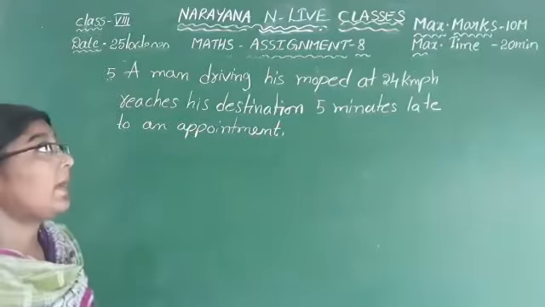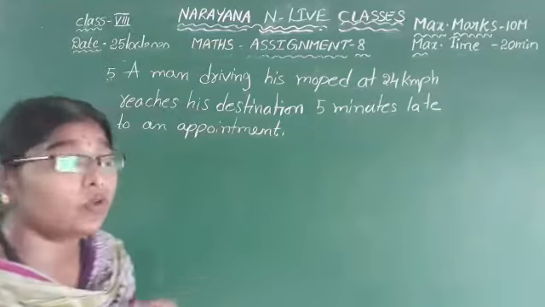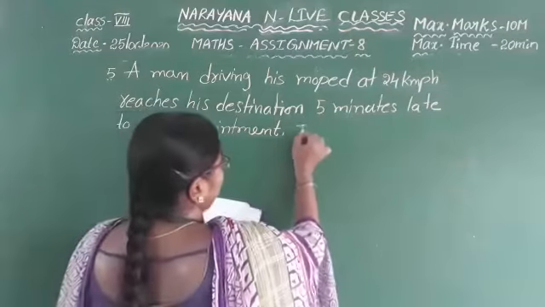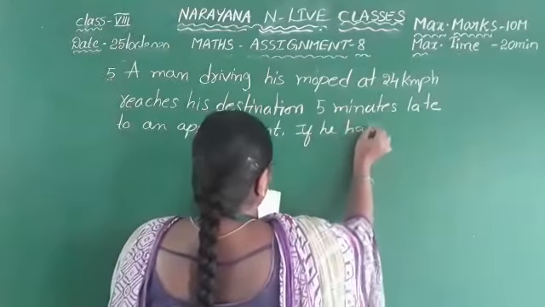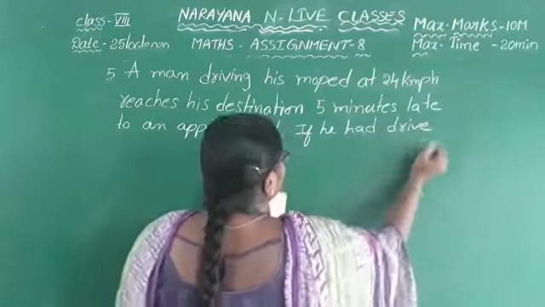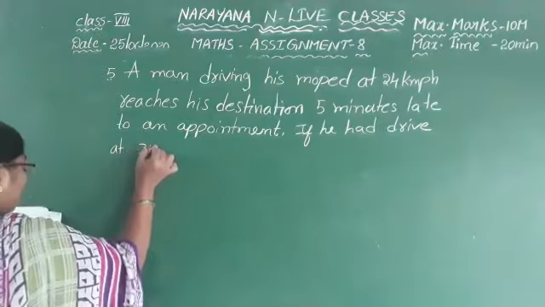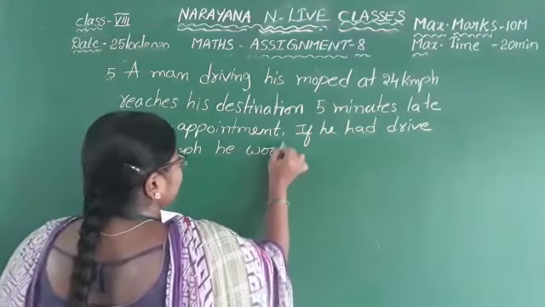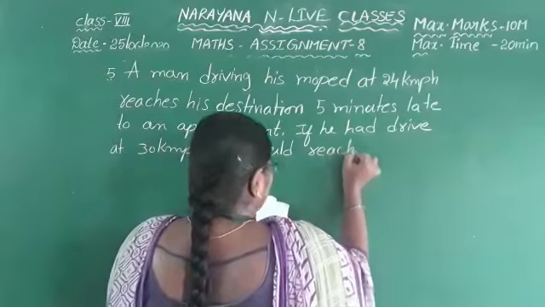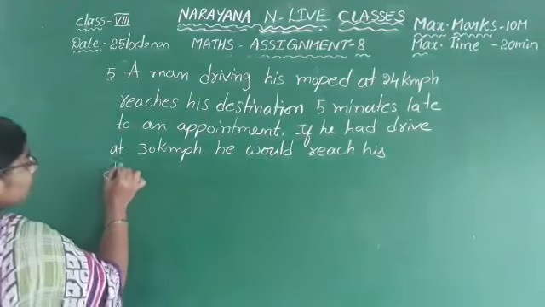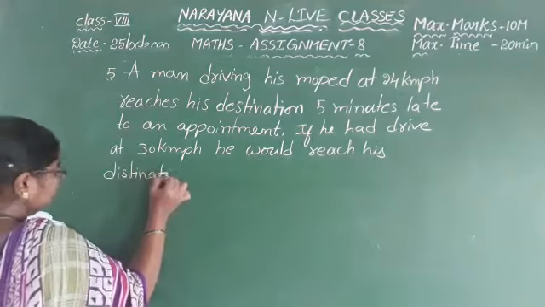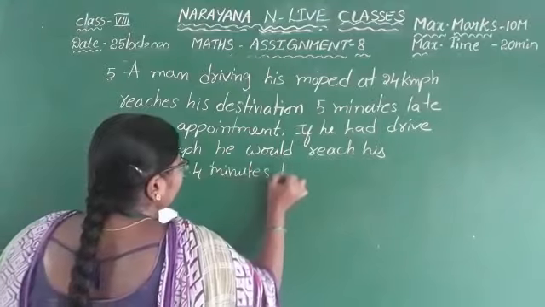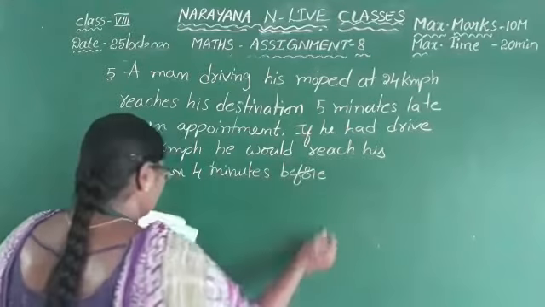And if he drives at 30 kilometers per hour, he would reach his destination 4 minutes before time.